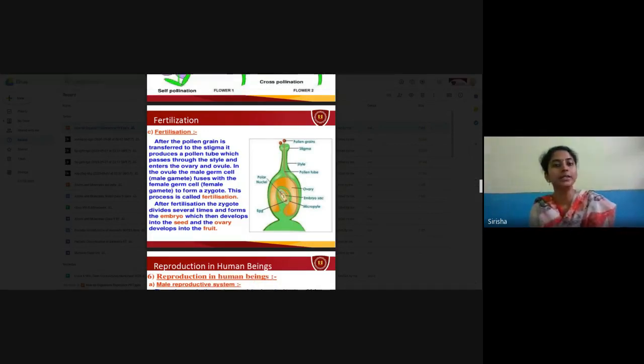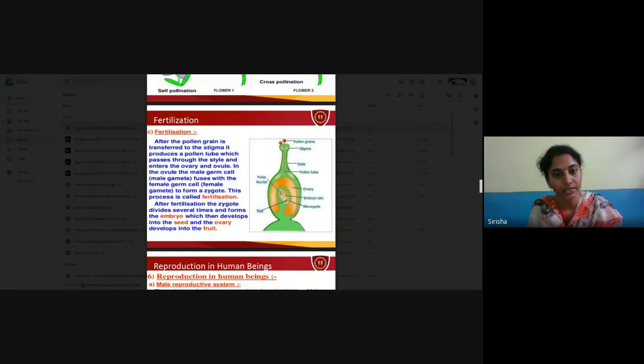In the ovule, the male germ cells, called male gametes, fuse with the female germ cells and produce a zygote. When male and female germ cells fuse, it produces a zygote. This process is called fertilization.